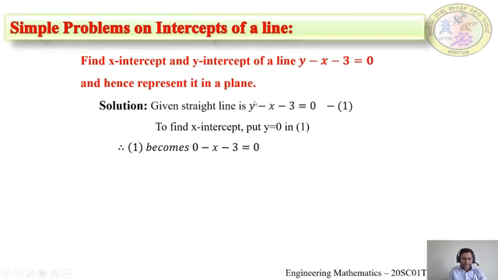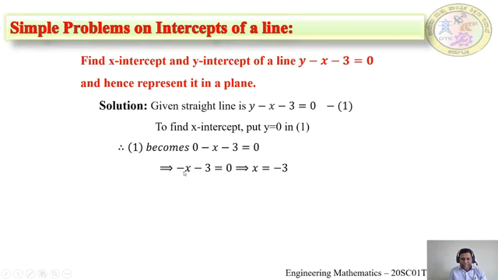Since we put 0 in place of y, it becomes 0 minus x minus 3 equal to 0. Then if you simplify, it becomes minus x minus 3 equal to 0, which implies x equal to minus 3.